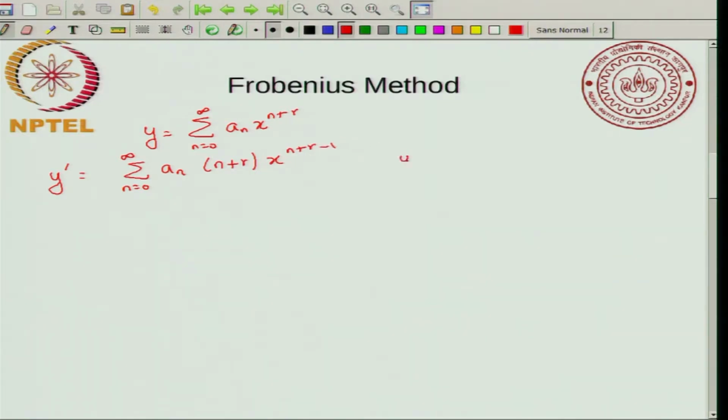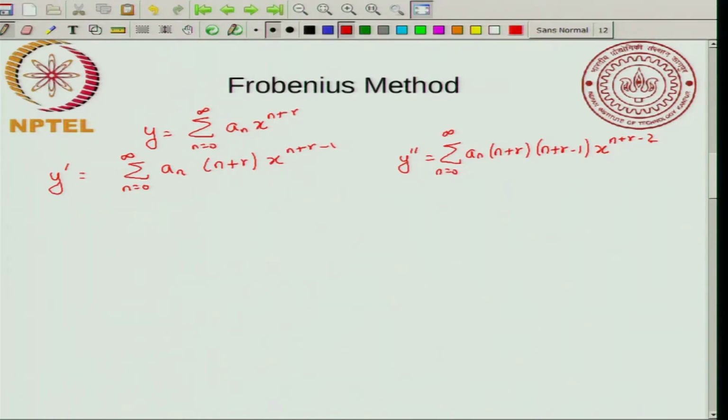Okay. What about y double prime? y double prime is equal to sum over n equal to 0 to infinity a n (n plus r)(n plus r minus 1) x raised to n plus r minus 2. Okay. So this is what you start off with. Notice that in the previous case we just had n x raised to n minus 1, here you have n plus r x raised to n plus r minus 1 and so on.